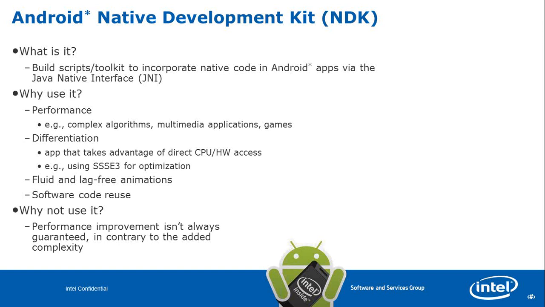This is the differentiation I'm talking about, the hardware access which is possible using native code. It's a direct advantage of NDK. So if you're not using it, what are you losing? You're not losing anything. The only thing is you're giving up better performance, in contrast to the complexity it's going to add.